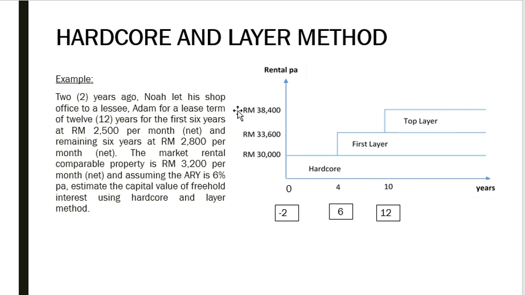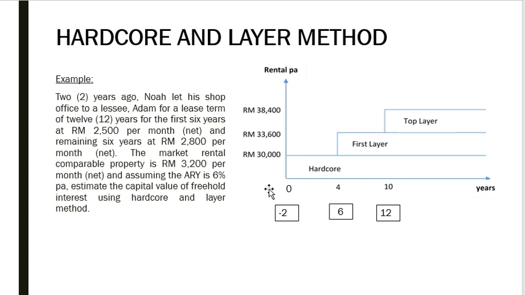And of course, the highest one will be the rental value. The rental value is 3,200 times 12, and you will get 38,400. So that will be for the rental.